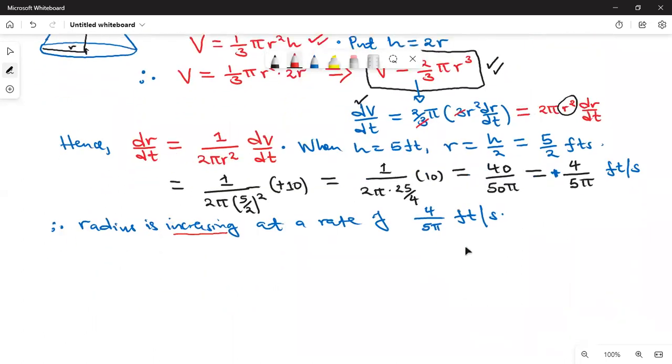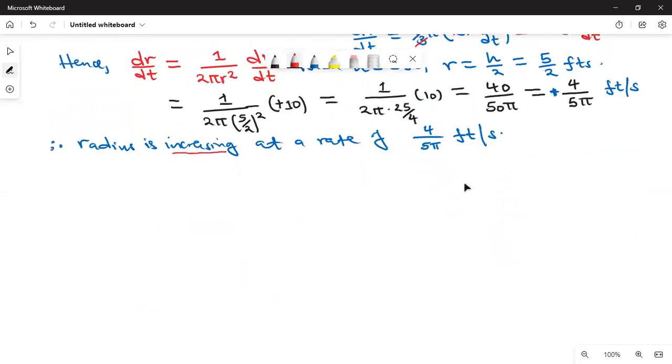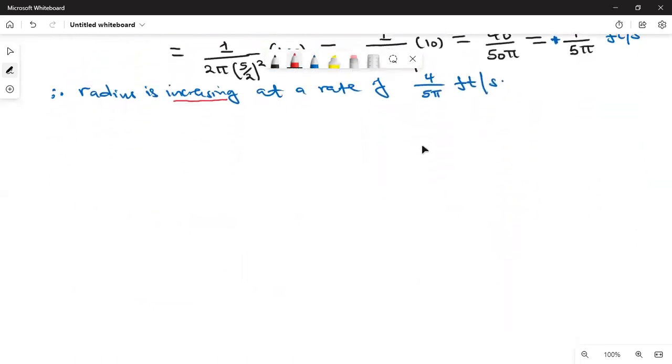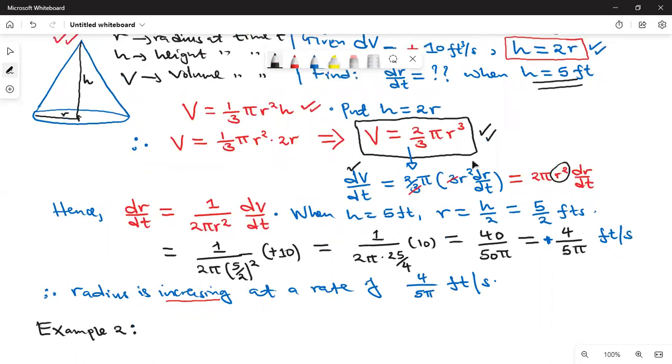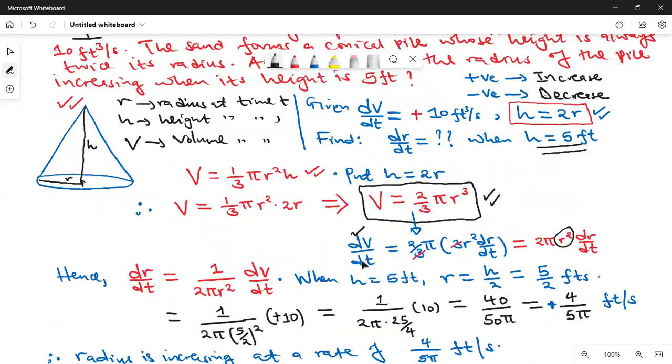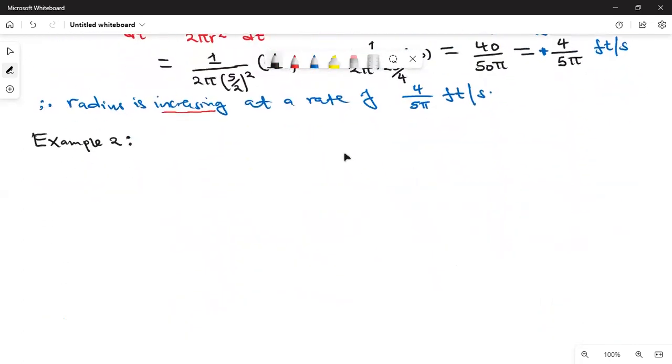Example number 2. So I'm going to write it. We write here example 2. In this example, this is the question. Just a minute, I'm going to write. So the question is this one.